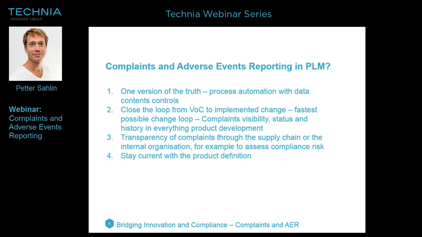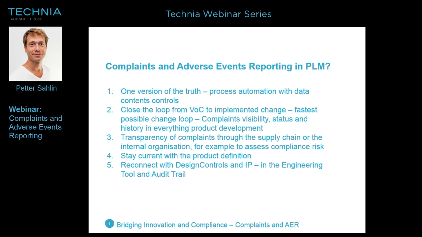It's not only on the series number which we're referring to in the complaint, but we also have full transparency on the active product development products which are related to this specific complaint.